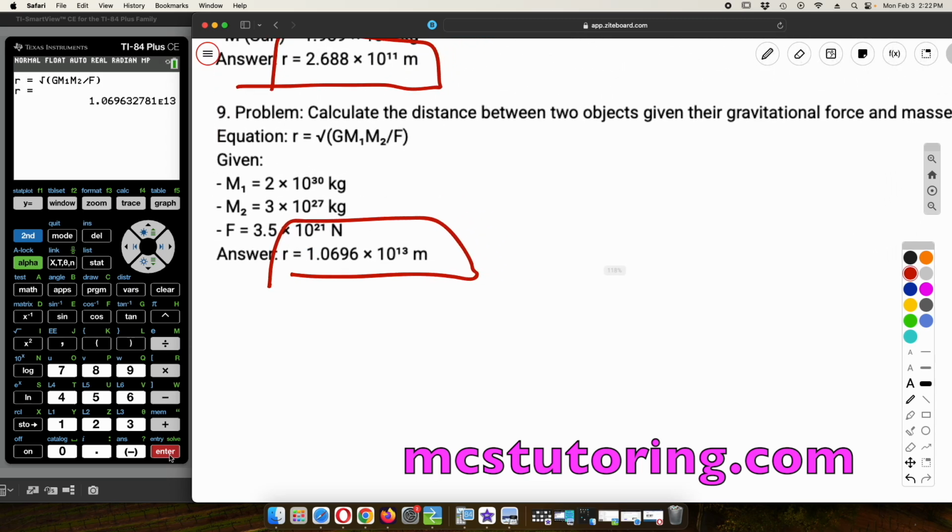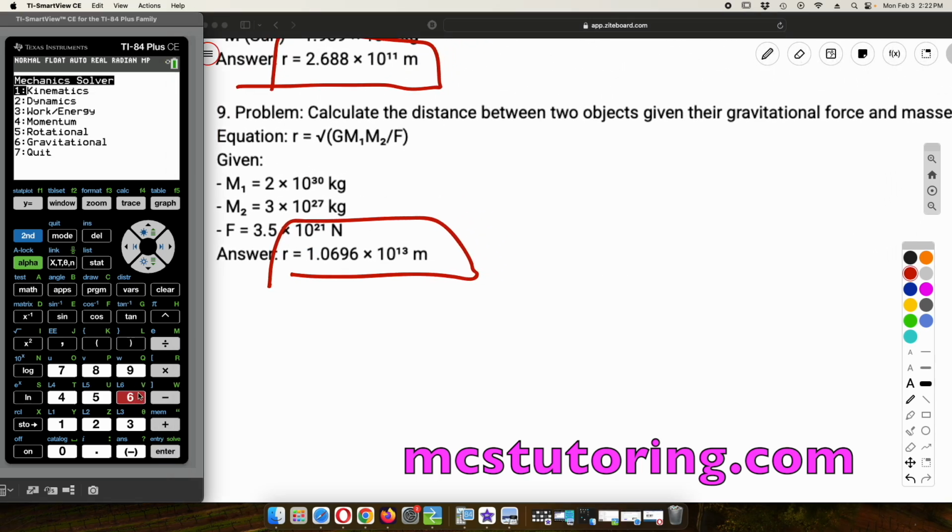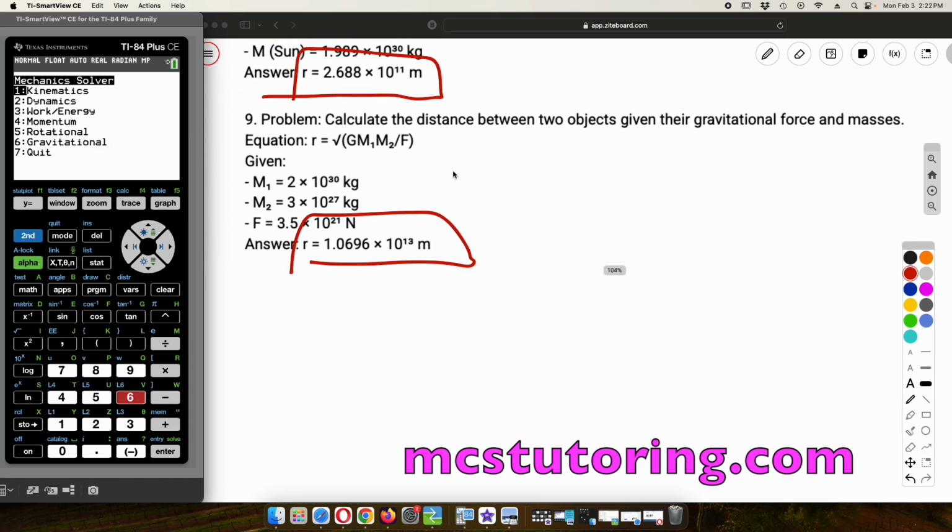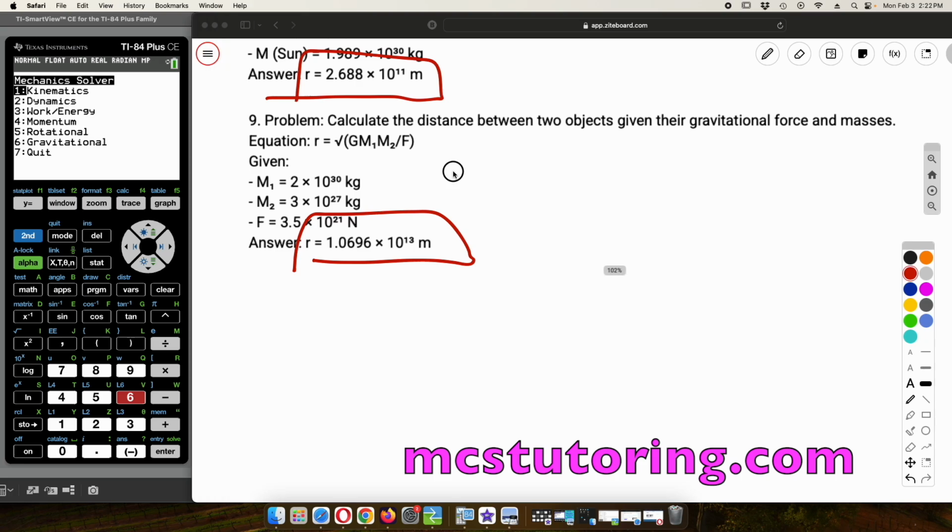Whoa, I did not mean for that to happen. Let's just go back so you see the whole thing. It's kinematics, dynamics, work energy, momentum, rotational, gravitational. It's got submenus for each. And just like this, it solves usually for any missing variable. And then also gives you the actual numerical answer, but not the units. So you do just have to memorize the units.